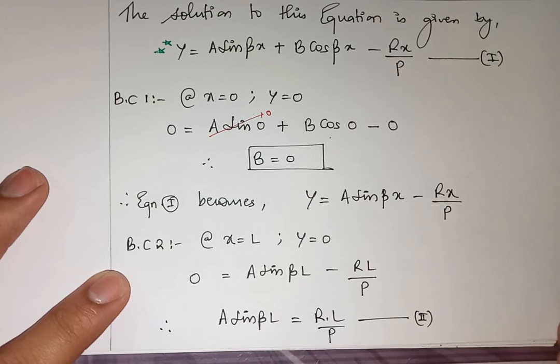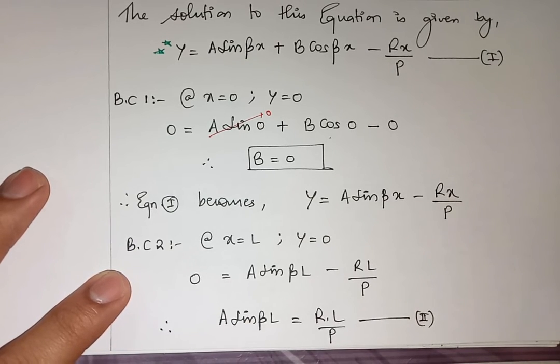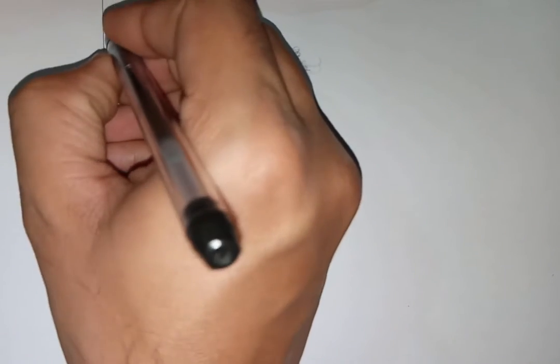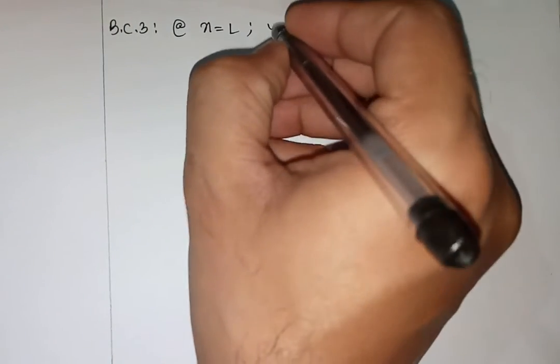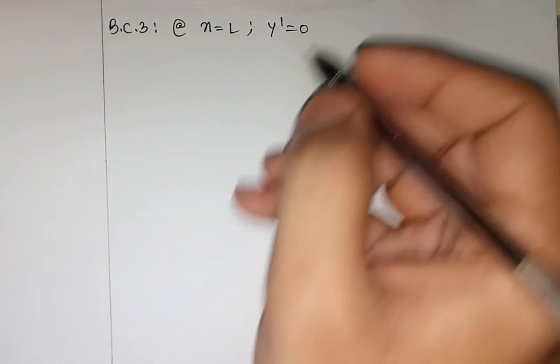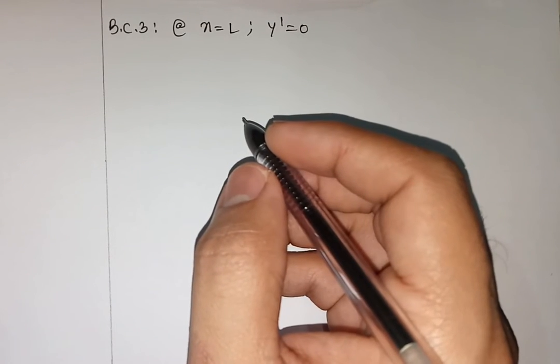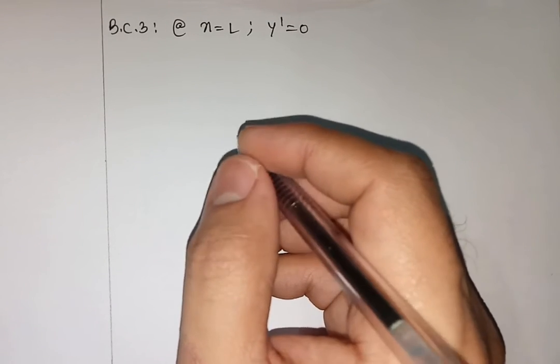Now moving further, let me use the third boundary condition. I already told you at x is equal to L, y dash becomes 0.